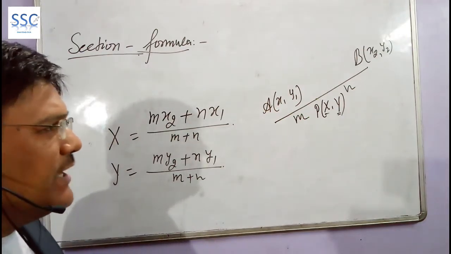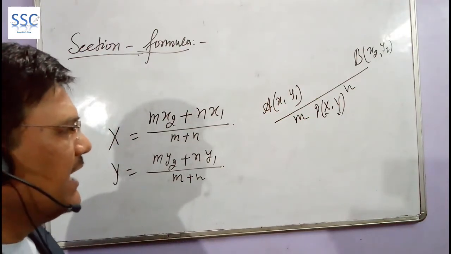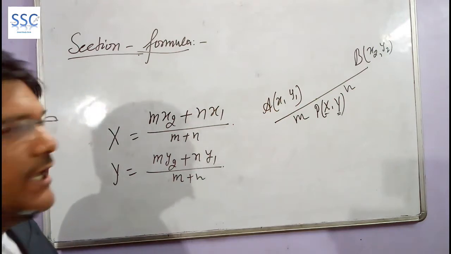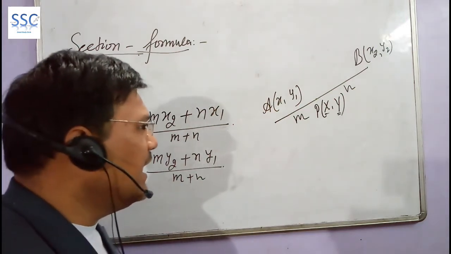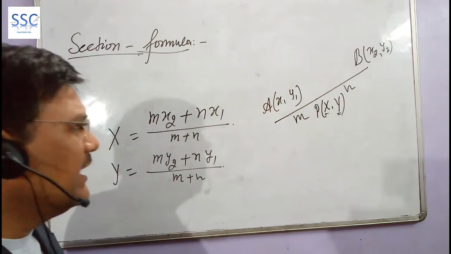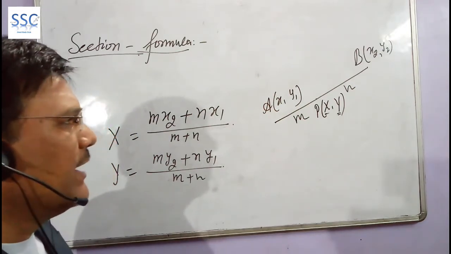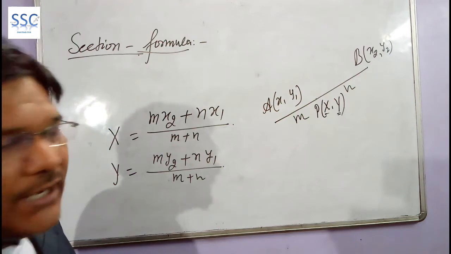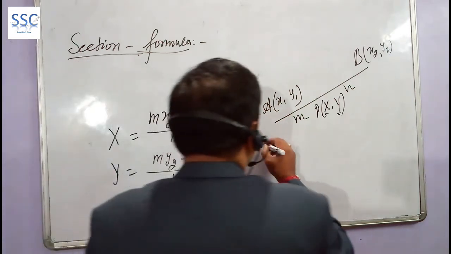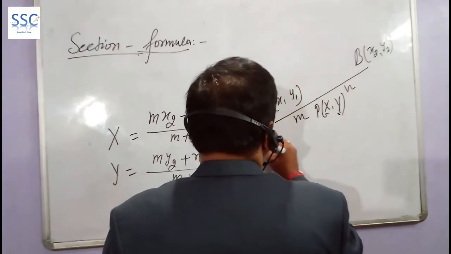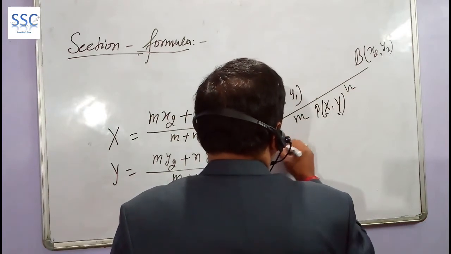In a few cases in the examination, we have to find the ratio in which point P(x, y) divides the line segment joining the points A (x1, y1) and B (x2, y2). You have to find the ratio.